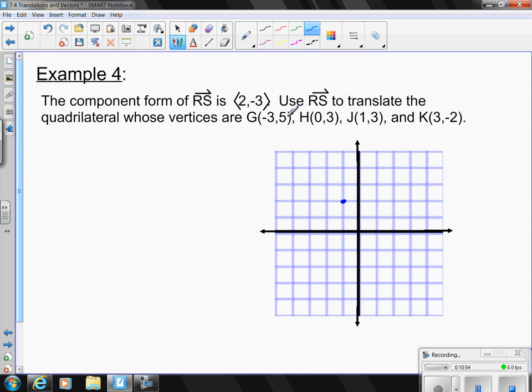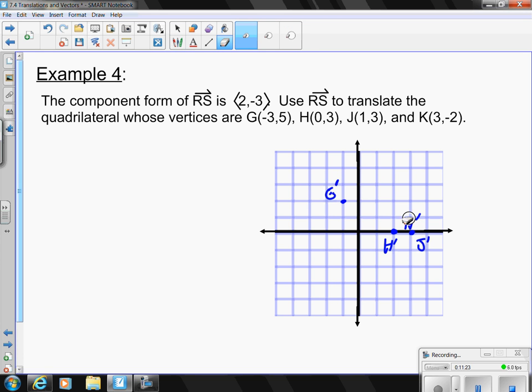I went from 5, down 3. So G prime ends up there. Notice I'm basically adding these two things together. So I get (2, 0) would be H prime. Add this and that, (3, 0) would be J prime. And that should have been written over here.